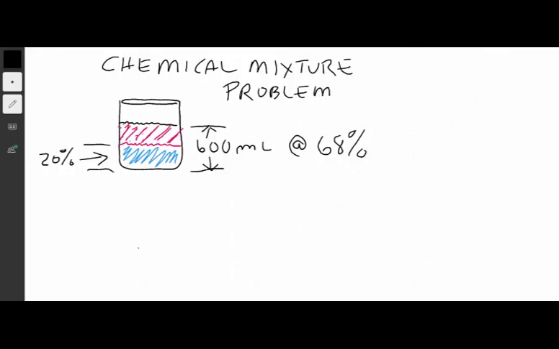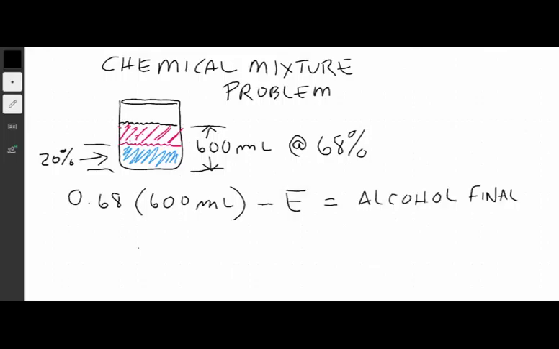And you will always use the same formula for this type of problem, and that formula is the main mixture, 68% of the 600, minus the amount that's going to evaporate, which is the red, and that will equal your alcohol final, which is the 20%. So just solve for E, and you'll get your answer.